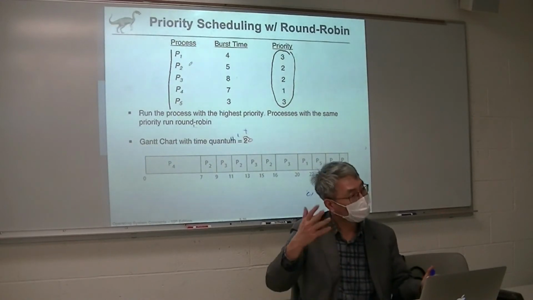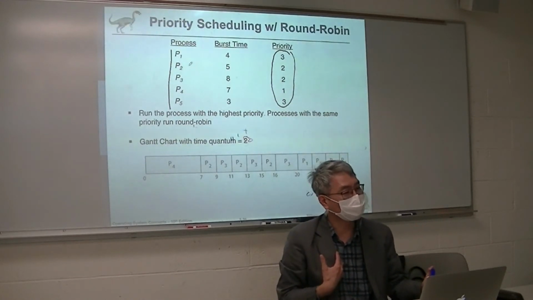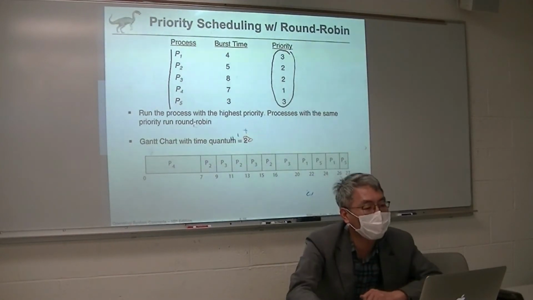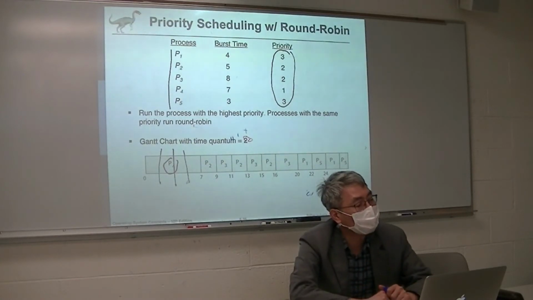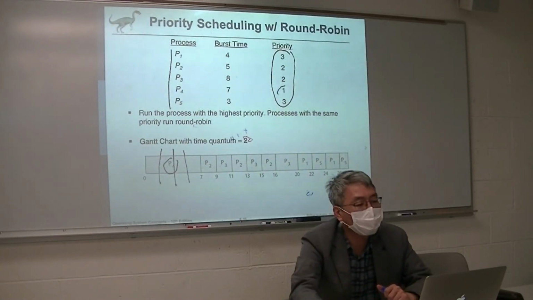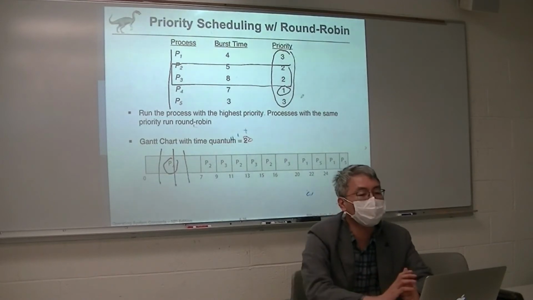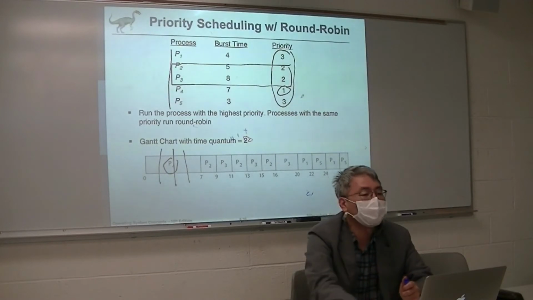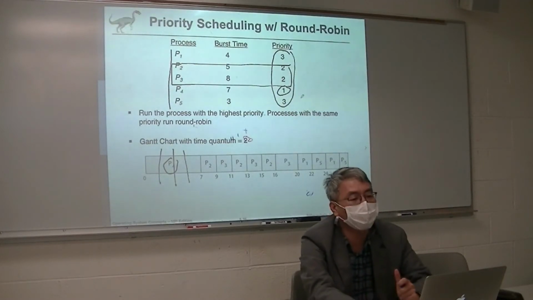That will be better in terms of satisfaction, right? Because it's the highest priority, we'll take it first. So, for example, P4, time quantum is 2, but it is selected again. Why? Because it has the highest priority, so it will be selected. In case of the same priority, they will take turns. Okay, so this is another variation of CPU scheduling, priority-based scheduling with round robin.